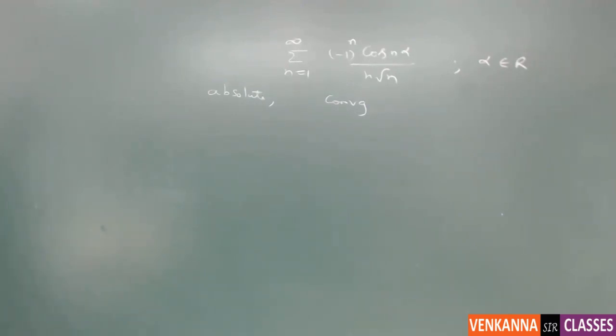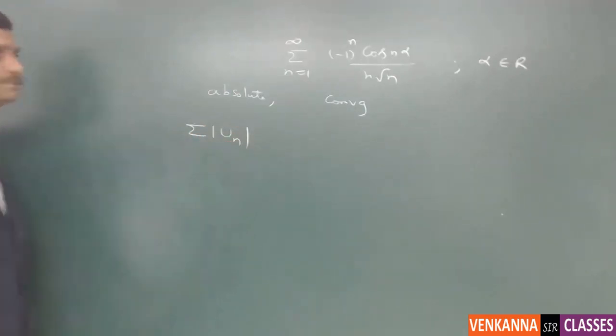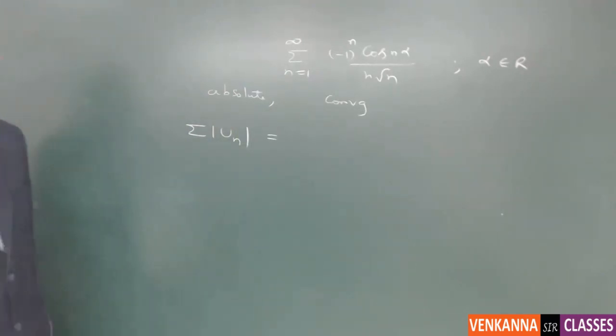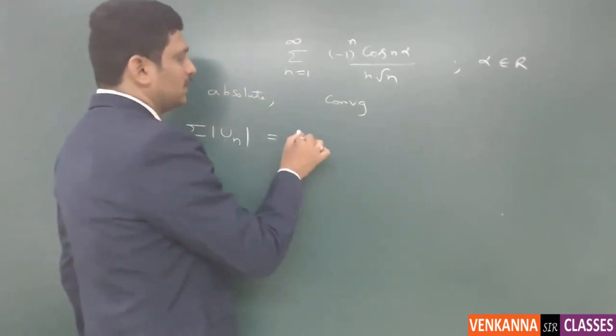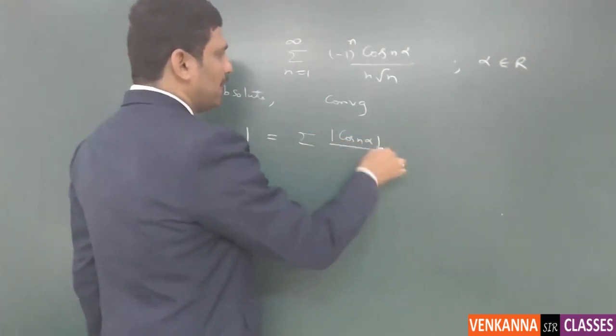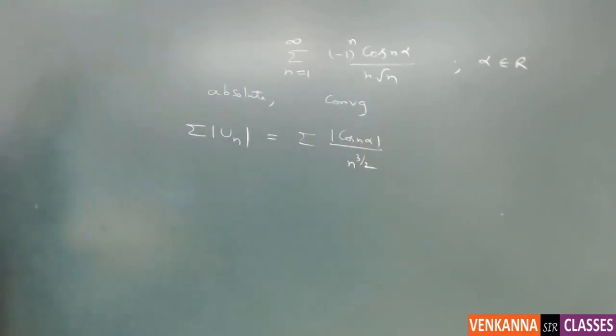Now the question answer is very simple. First of all, we go for the absolute convergence. So you straight away consider sigma mod un. If you put modulus, this will be summation modulus of cos n alpha by n power 3 by 2. Accepted?